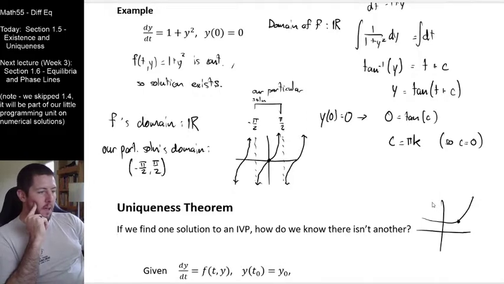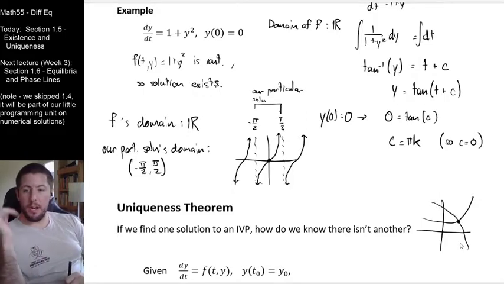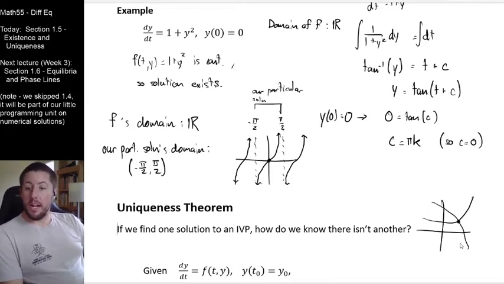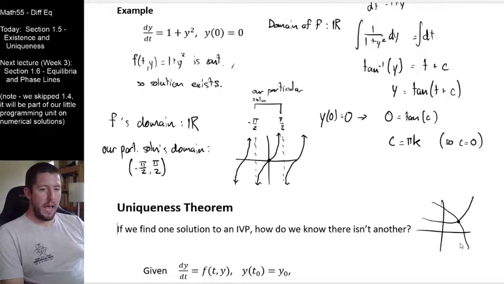How do you know that I'm not going to find a solution curve that looks like this, and that they're both going to be right? Is it possible for that to happen or not? That's what uniqueness means. If we find a solution, is it the only one? There is a unique solution for each initial condition, one and only one possible solution at that initial condition.